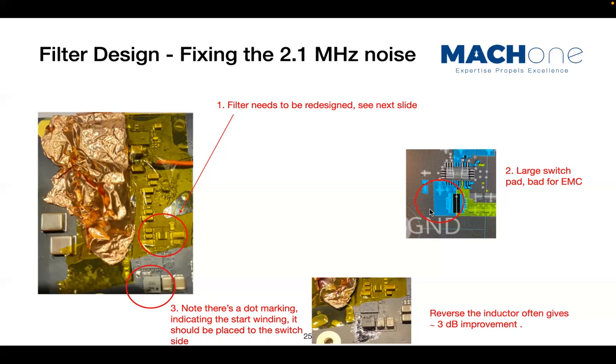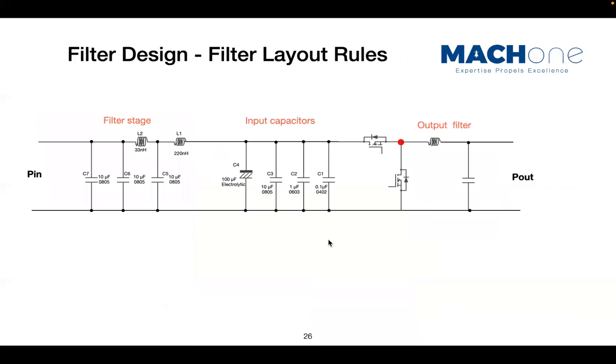This is why, when we moved the magnetic field loop even far away from this switch mode power supply, we still saw the noise. It's because this is a large switch pad, and this pad, of course, is designed taking thermal considerations into account, right? But it is an EMC nightmare. It's a large piece of copper, so it radiates more.